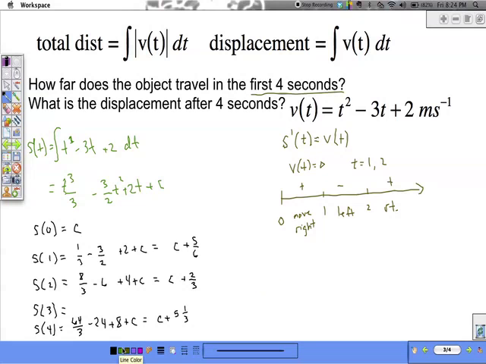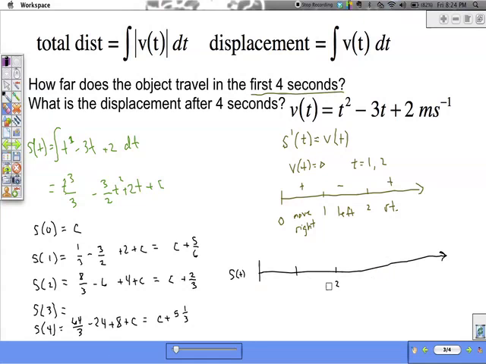So let's draw ourselves another number line. This time our number line is going to represent position. So here's time equals 0. We're starting out at c. And then we go this way until we hit 1 second.